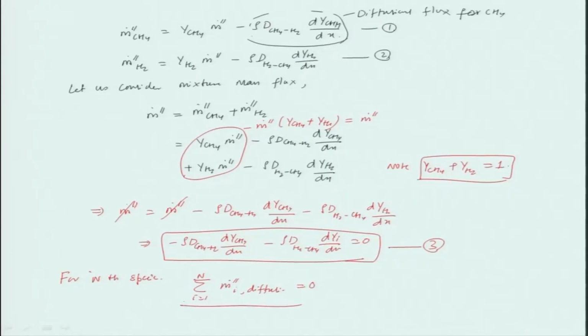That means the total diffusional mass flux will be 0 in a mixture. Therefore, the bulk flow is not affected. It's a very interesting thing you should appreciate: somebody will be moving fast, somebody will be moving slow, but altogether diffusion will not affect the bulk flow. That is a very important point I am making.